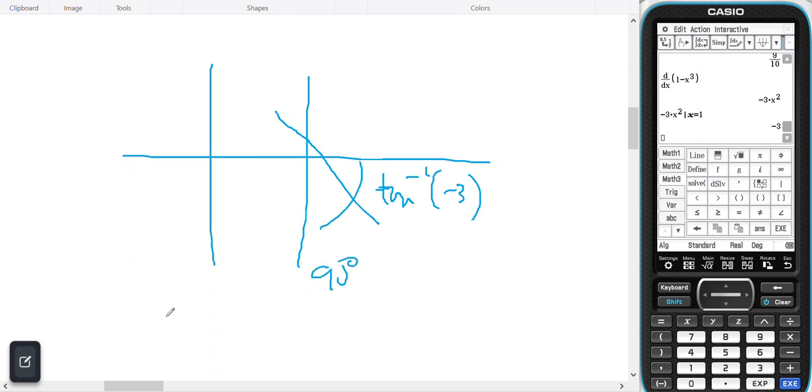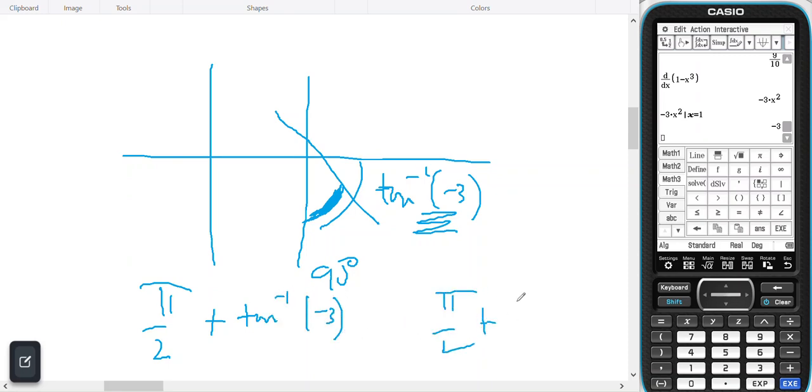So I should be looking for pi on 2, want this angle here. That will be a negative answer. So plus the inverse tan of -3, or pi on 2 plus the inverse tan. No, I wouldn't be plussing. I'd be minusing.